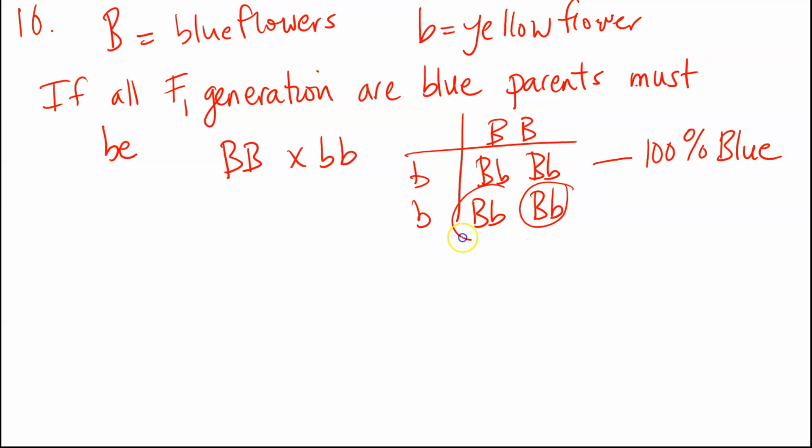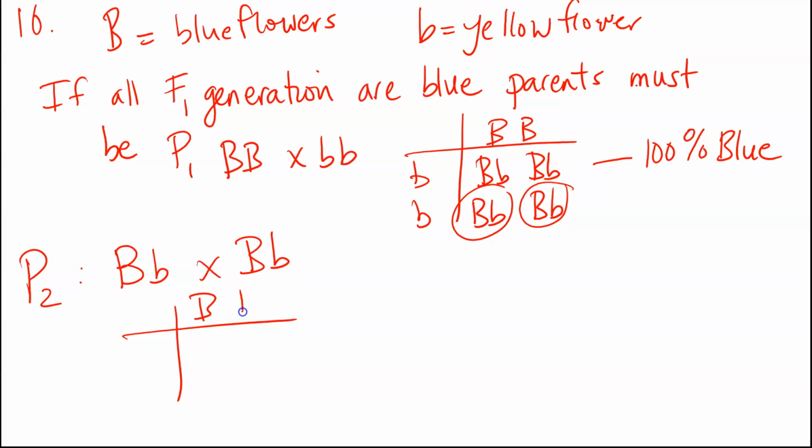But when these are allowed to cross, so this was the P1 generation, P2 would be big B, small b, times big B, small b. And we know that when we do that, we're going to have a 1 to 2 to 1 genotypic ratio and a 3 to 1 phenotypic ratio.